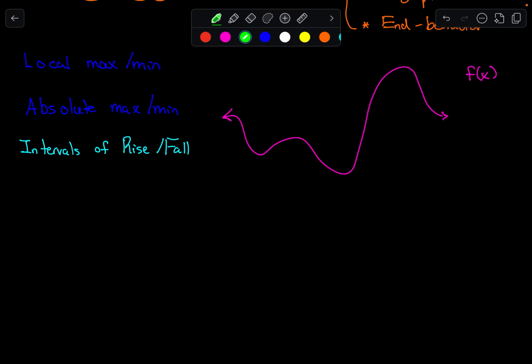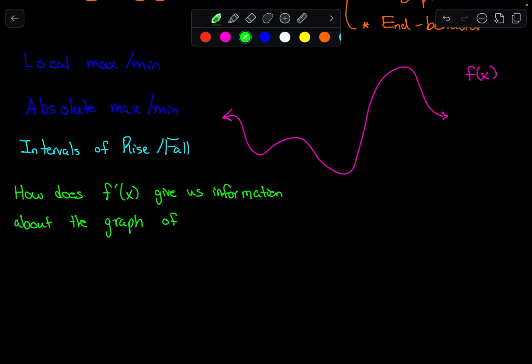So the first question that we're going to address is, how does f prime of x give us information about the graph of f of x?